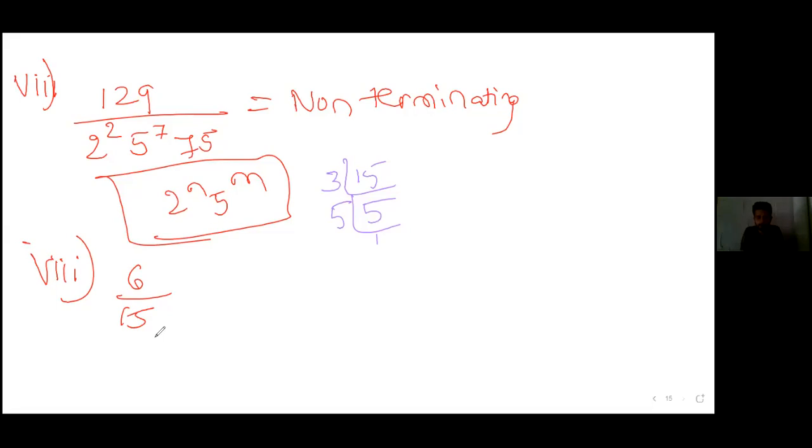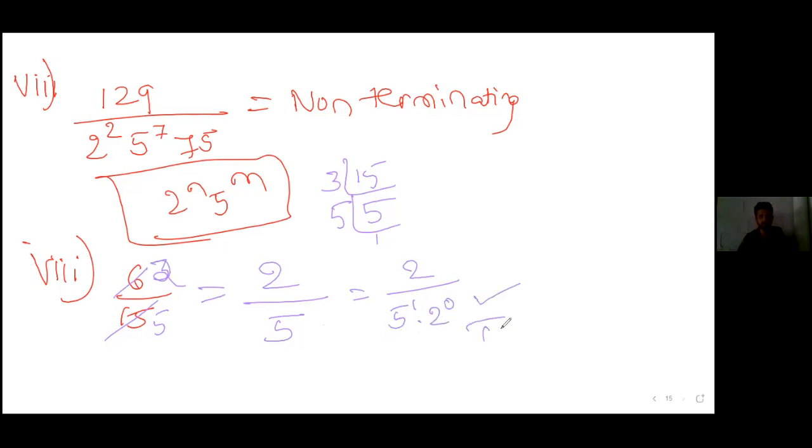Any more answers? But one thing you need to observe is, just look here. You can divide both numerator and denominator by 3, right? If it is divided by 3, you will get 2. If it is divided by 3, you will get 5. So this can be further simplified as 2 by 5. Now look here. This is of the form 5 to the power n into 2 to the power 0.